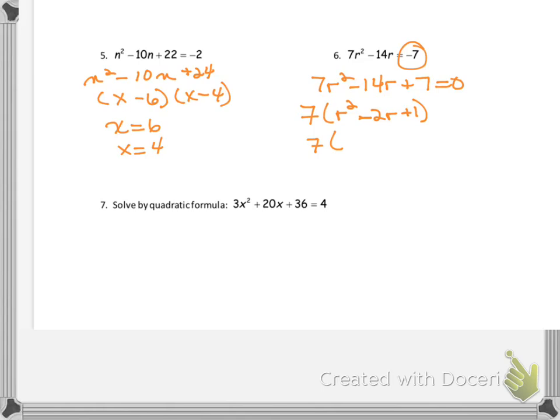What multiplies to positive 1 and adds to negative 2? That's going to be r minus 1 times another r minus 1. And we have what's called a double root. So our roots are r equals 1 and then another r equals 1.